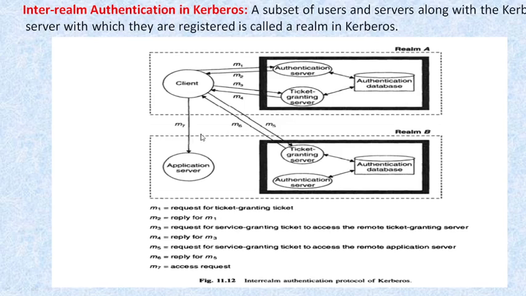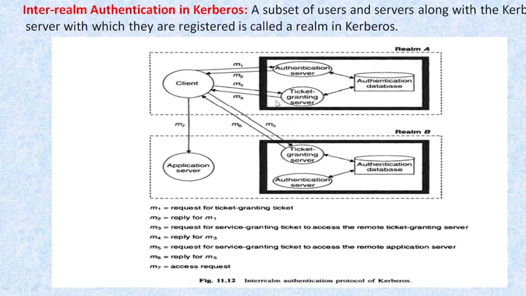See here, M1 is the request for the ticket granting ticket, which is in his own ring. After getting the reply to M1, he will make a request for a service granting ticket to access the remote ticket granting server. So I want to take the remote ticket, please grant it, like that M3. M4 is the reply for M3. After getting M4, it will get the permission and it will request the ticket granting server on the other ring.